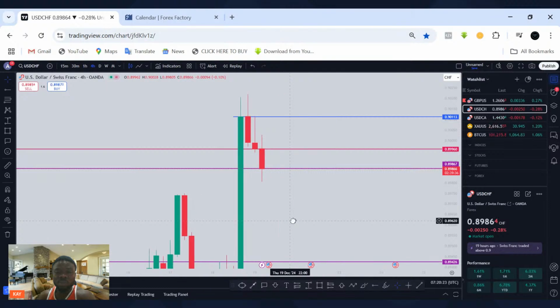So what you have to do is wait for price to get rejected on a key level. As it has gotten rejected on these key levels, we wait for price to flip. If it flips with a bullish candle like this, closing below this side, we can go in for a buy. But it's not going to happen any moment soon.